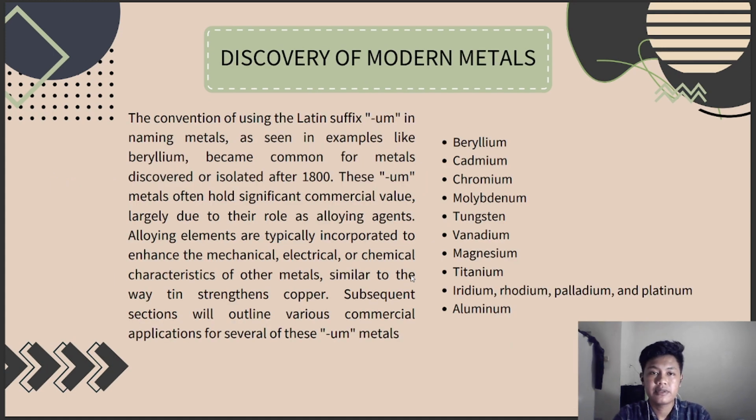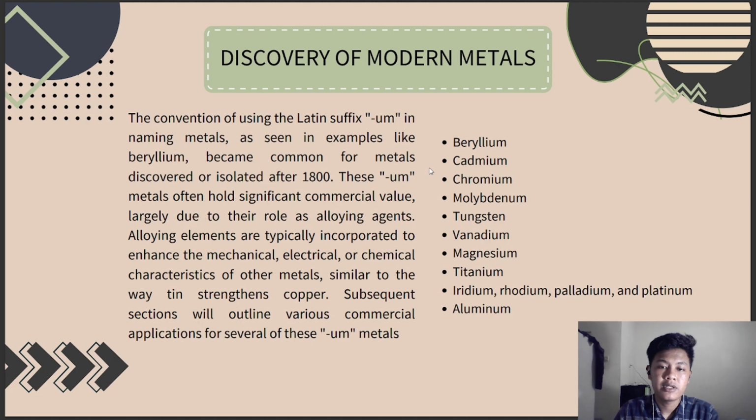Okay, now we go to this topic, discovery of modern metals. The convention of using the Latin suffix in naming metals, as seen in examples like beryllium, became common for metals discovered or isolated after 1800. These metals often hold significant commercial value, largely due to their role as alloying agents.